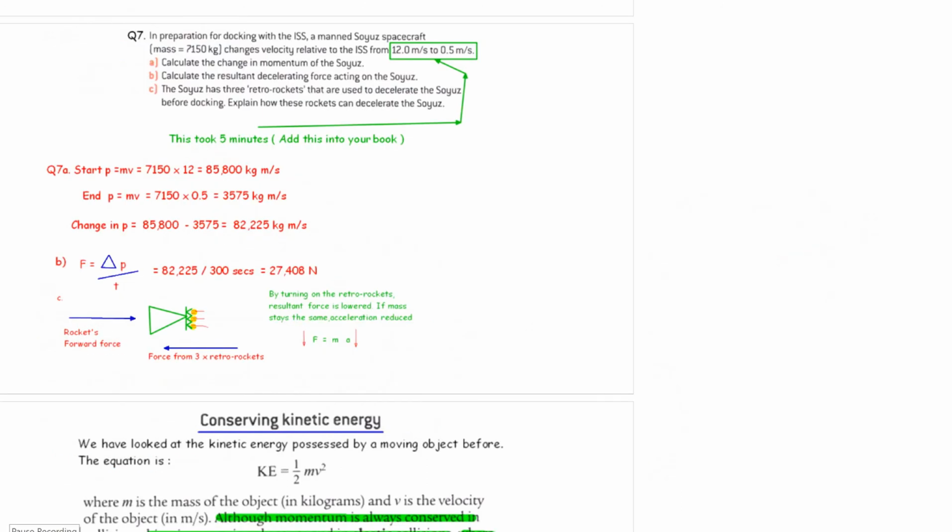So question 7a is talking about calculate the change in momentum. Remember, momentum is mass times velocity. We've got our mass at the start of this, and it's docking, so it's decelerating. Okay, so this is the higher value, so that's our starting momentum.